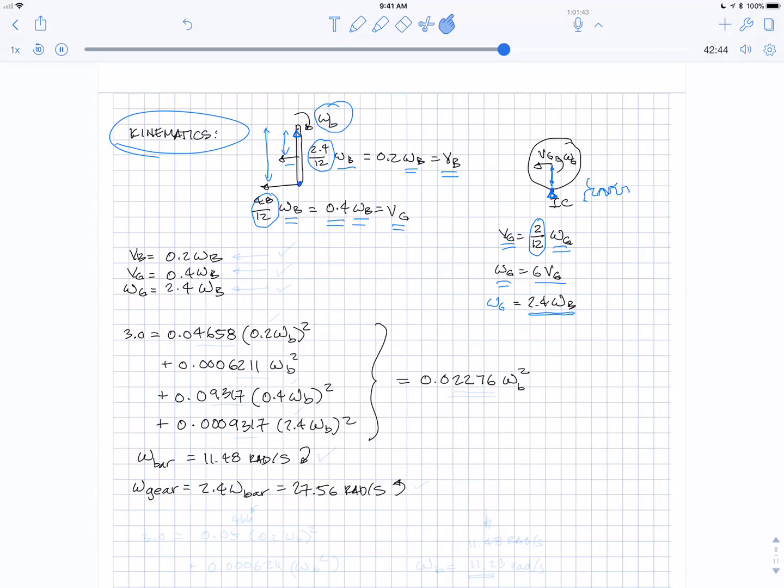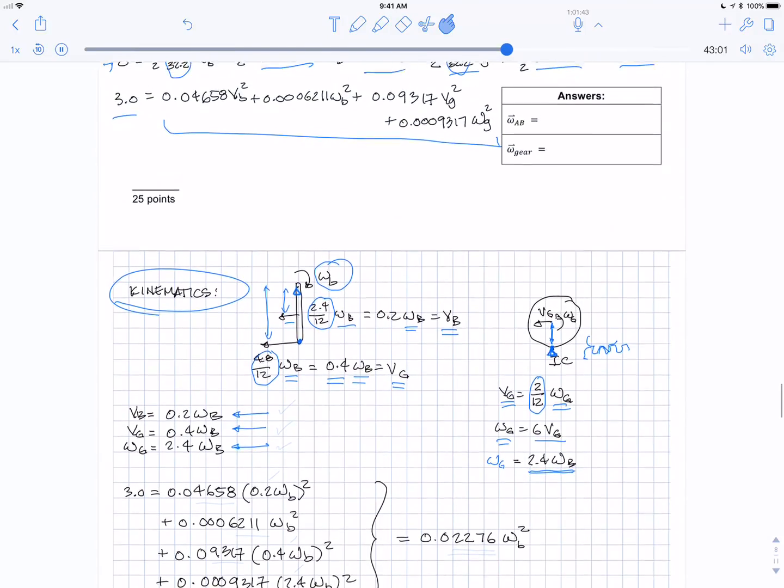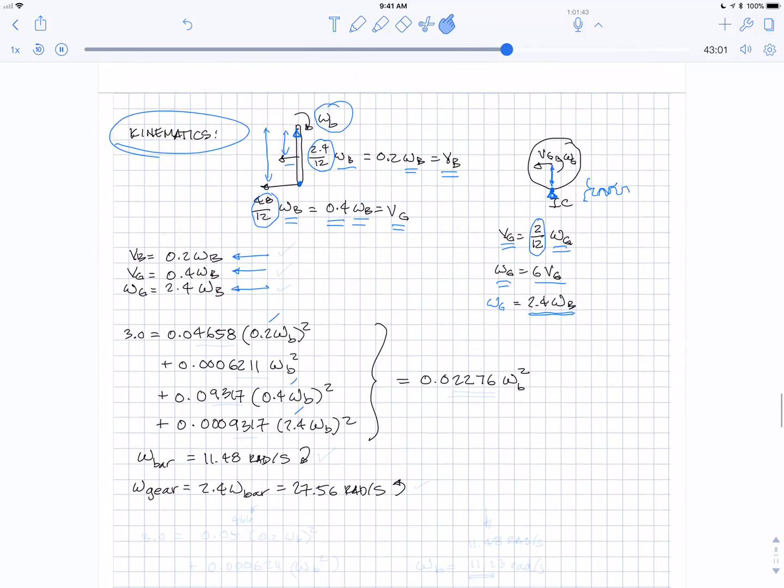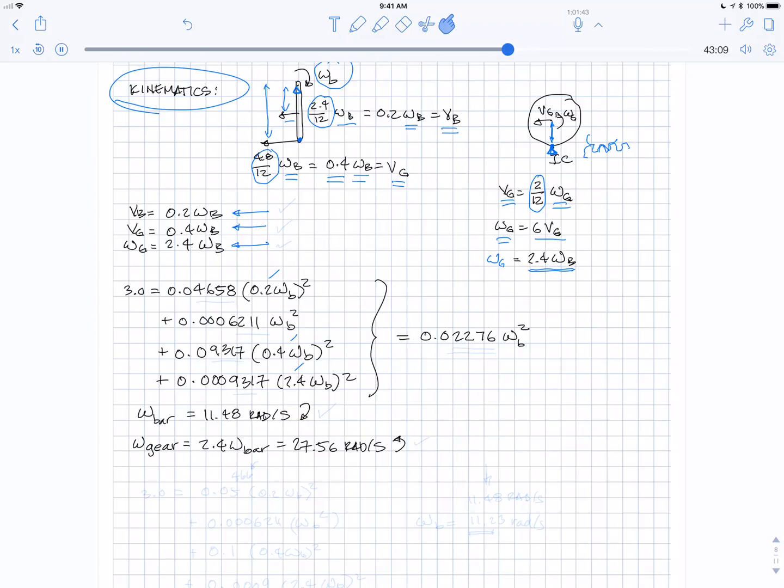So see, look at here. We've got the velocity of the bar is 0.2 omega b. The velocity of the gear is 0.4 omega b. And the omega of the gear is 2.4 omega b. And of course, the omega of the bar is the omega of the bar. So you put these things into that ugly equation there, and now you have one equation with one unknown, omega b squared.